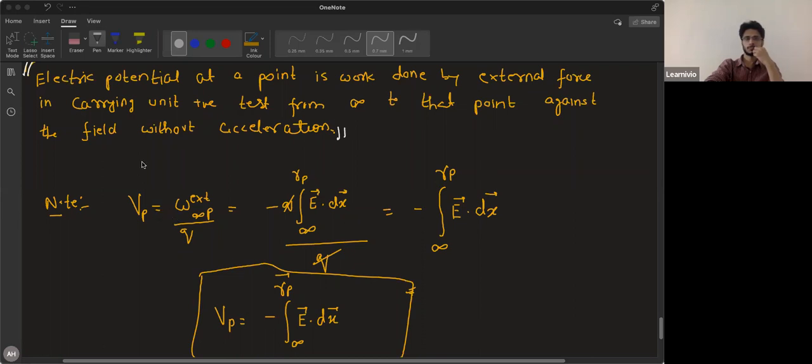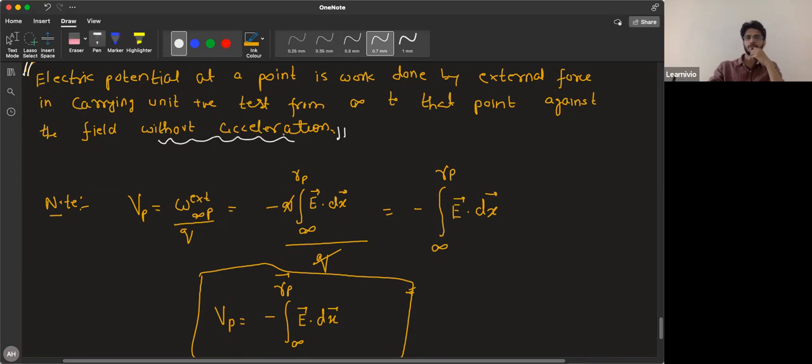Sir, what does "without acceleration" mean? Yes. See, this "without acceleration" is very important. If your charge is without acceleration, it means net force on the charge is zero. It's moving with a uniform velocity, net force is zero. If a charge accelerates, then the accelerated charge is a source of electromagnetic waves, like light waves.